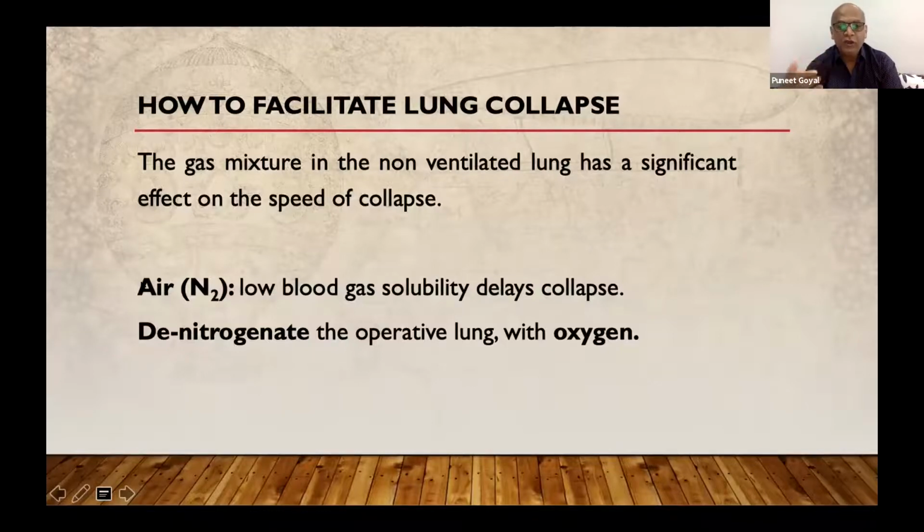So if you ventilate with 100% oxygen, it will facilitate the collapse of the lung on which the surgery is going to be performed, and you will have less problems with the surgical team complaining again and again that the lung is not collapsed. So ventilate with 100% oxygen before starting collapse.